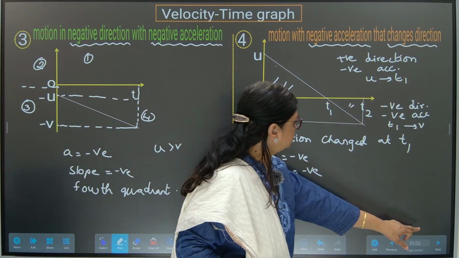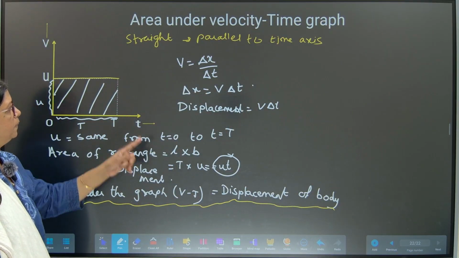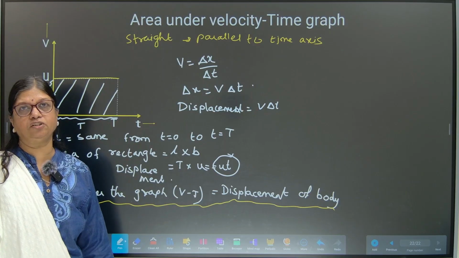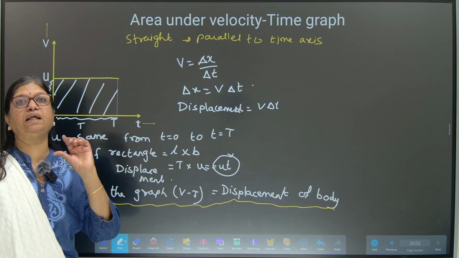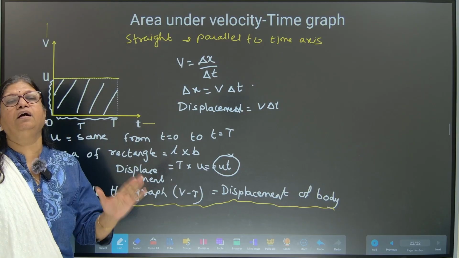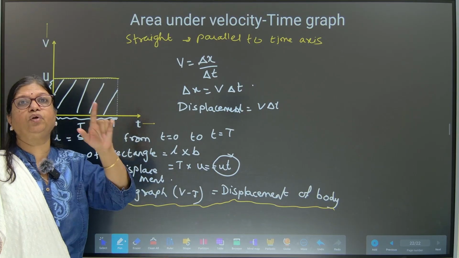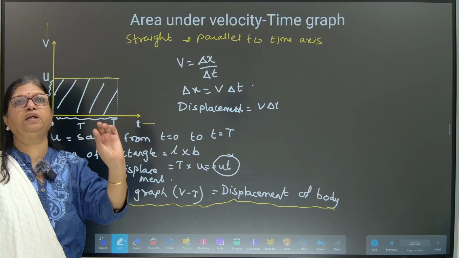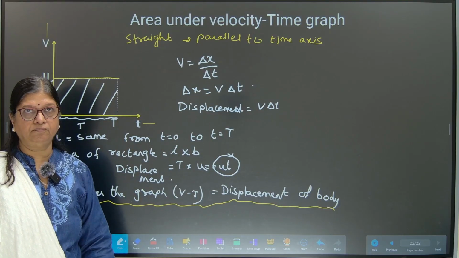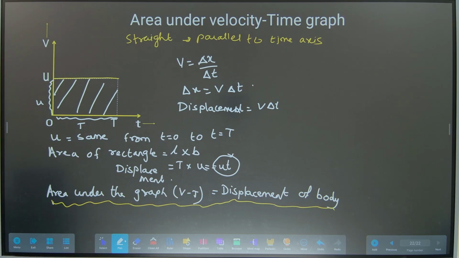So I'll just move and you take a pic of what we have done just now and understand the concept, and remember that the area under the VT graph will give us the displacement of the body. Fine? Okay, I'll just move, you take a pic.